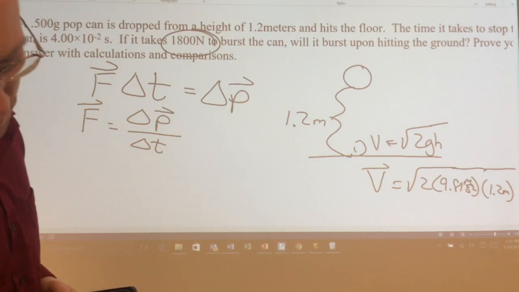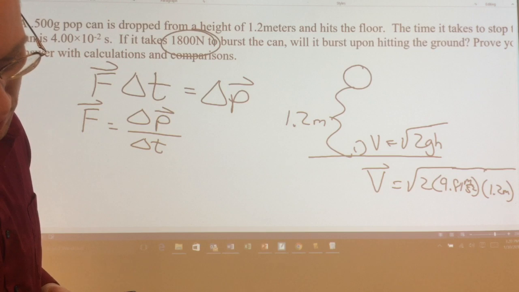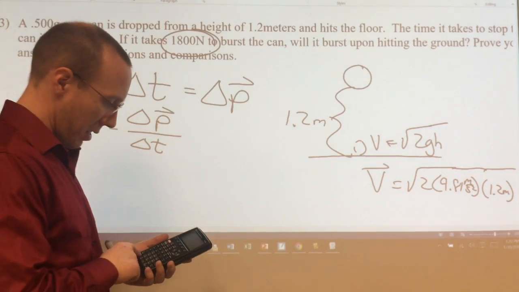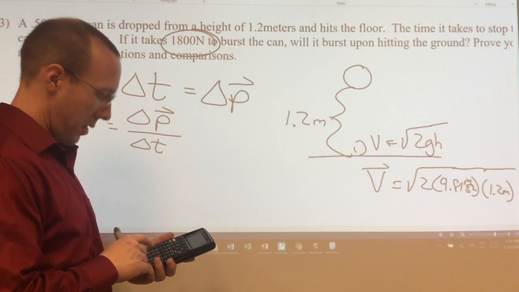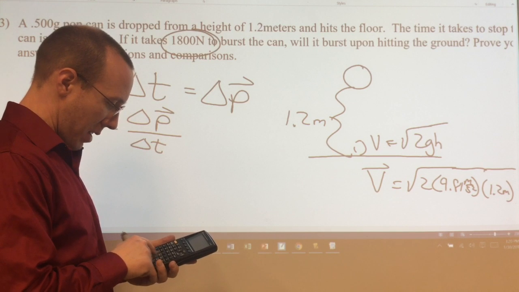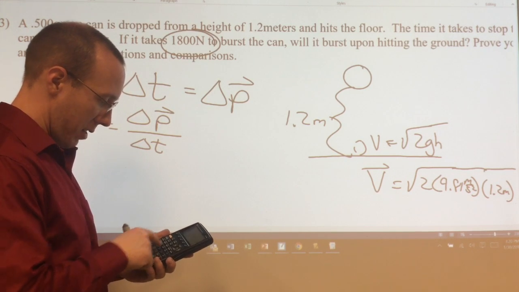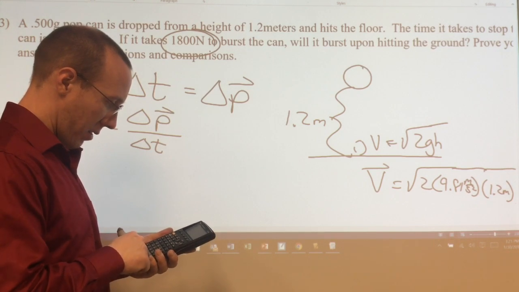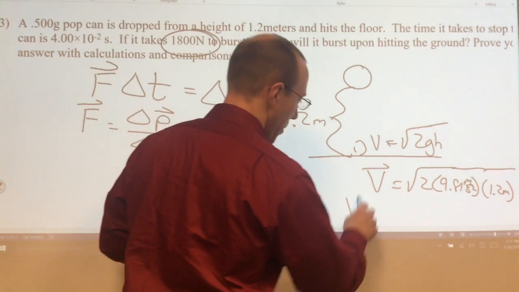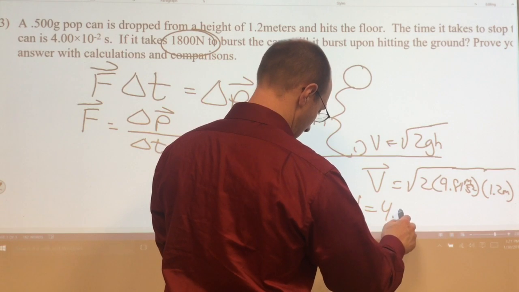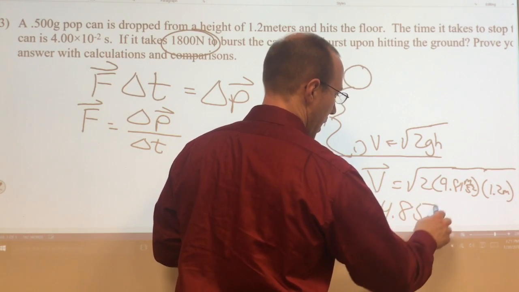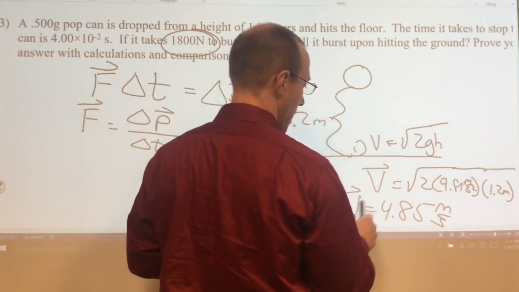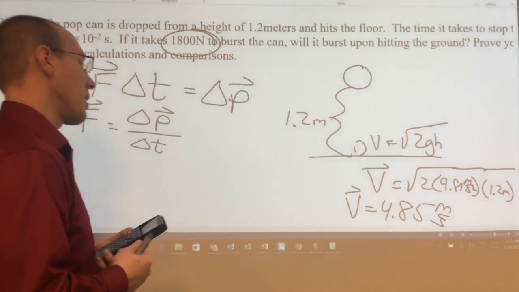So 2 times 9.81 times 1.2, square root of my answer, and my velocity is 4.85 meters per second. And it's going down, and that's important that it's going down.